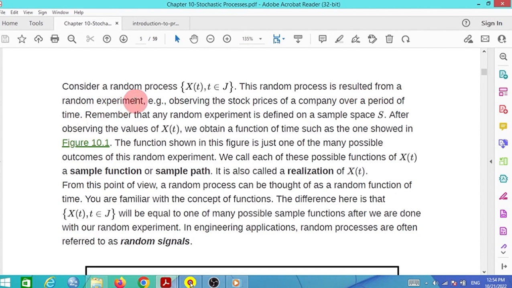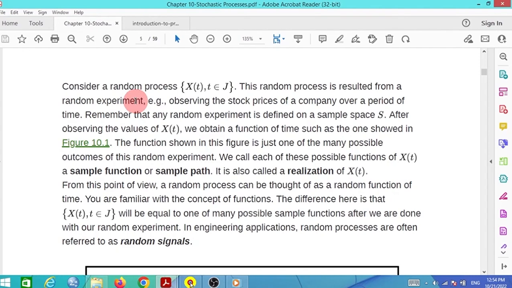Okay, you define a random experiment. Come back to the first chapter, or chapter 2, and study the random experiment. A random experiment constructs a random variable.